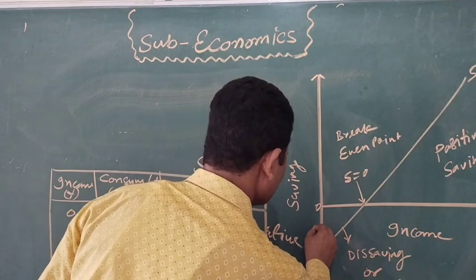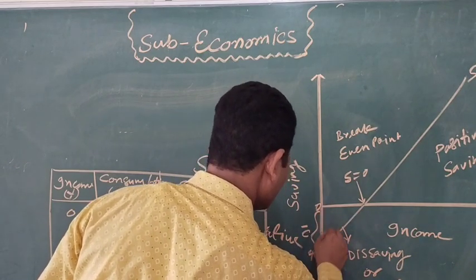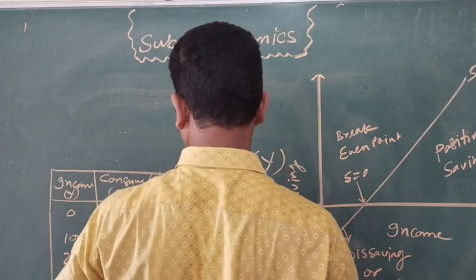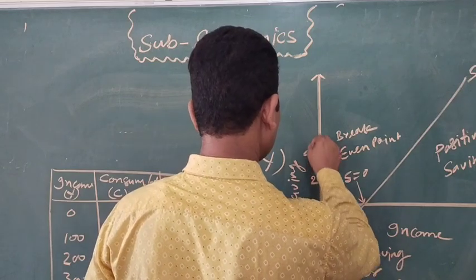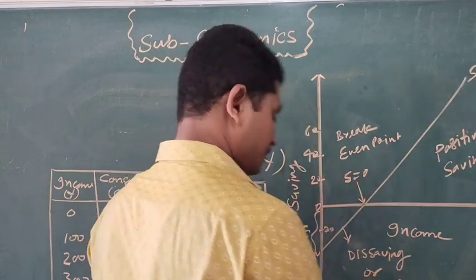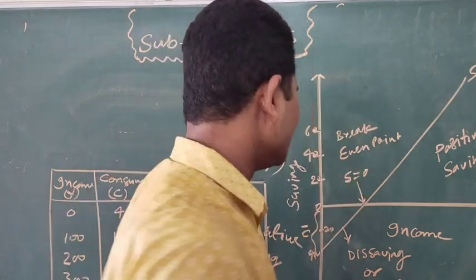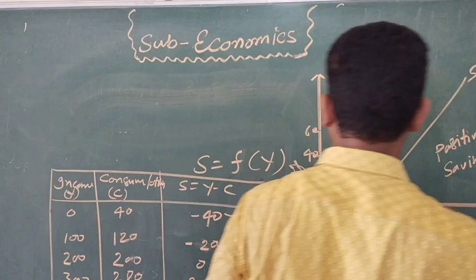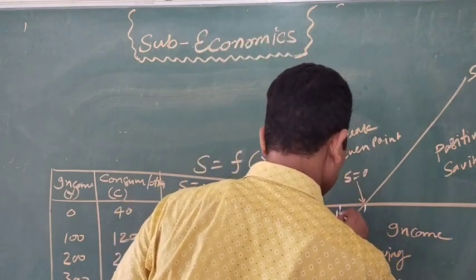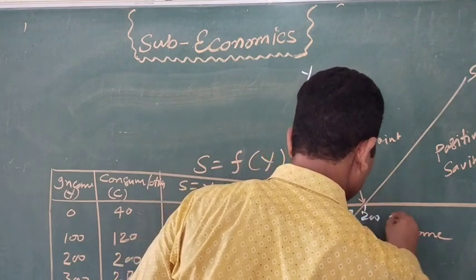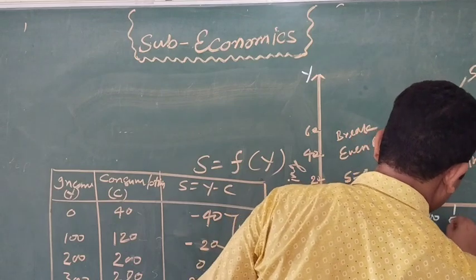Here are the saving values minus 40, minus 20, 0, 20, 40, 60, and the values of income we are referring along the x-axis: 100, 200, 300, 400 and 500.